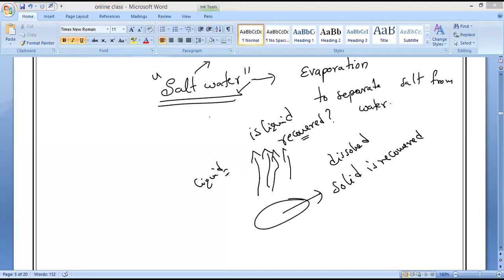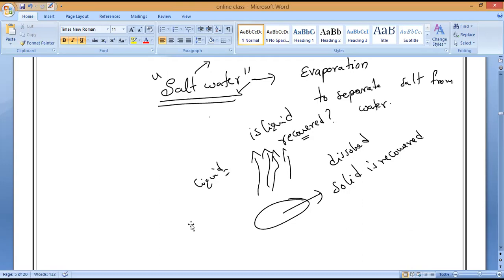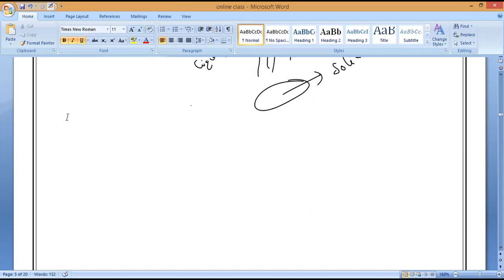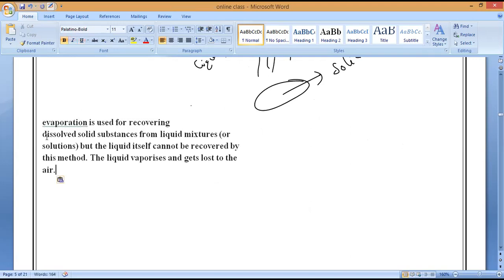We are simply vaporizing, so it is not possible to recover the liquid, but we can recover only the dissolved solid. So that is the disadvantage of evaporation. With the help of evaporation, we can get the solid, but we cannot recover the liquid. The liquid will simply vaporize and mix with air.